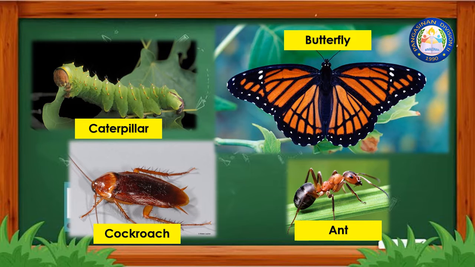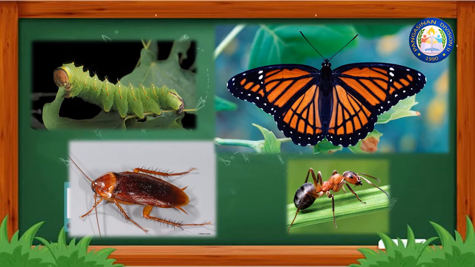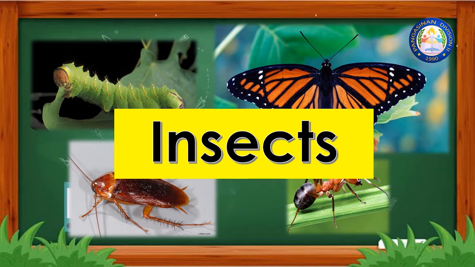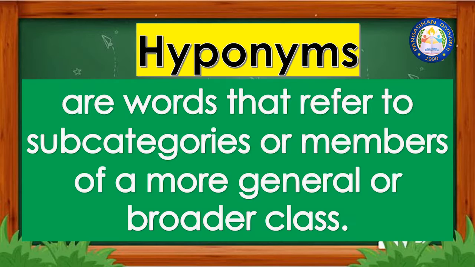Now, what do we call them? What is the general name for them? Anyone from the group? You are correct. We call them insects. The caterpillar, butterfly, cockroach, and ant are examples of hyponyms. So what are hyponyms?